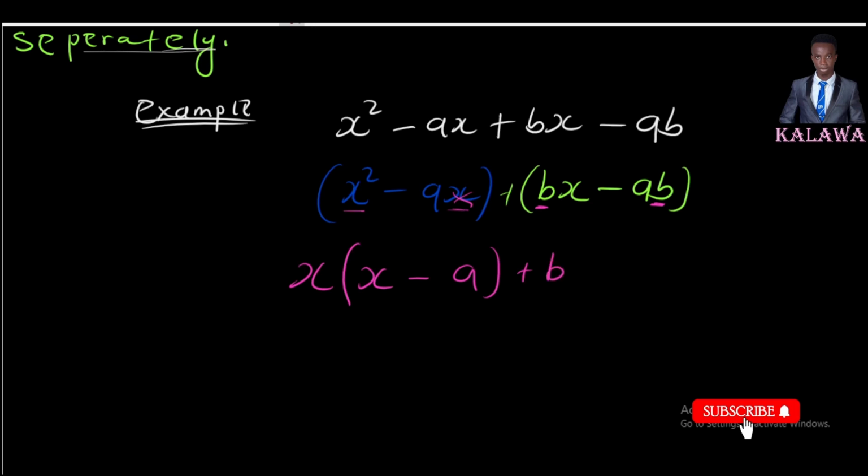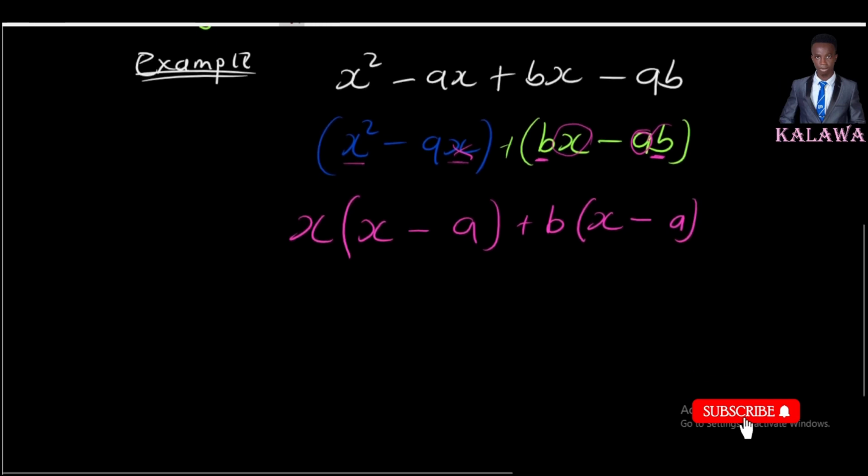What will remain? For the first term, x remains, so this is x minus, and what remains here is a. So x minus a. We are done separating and factorizing.